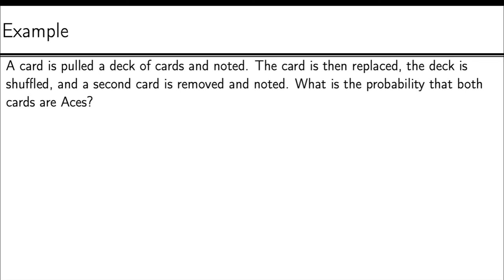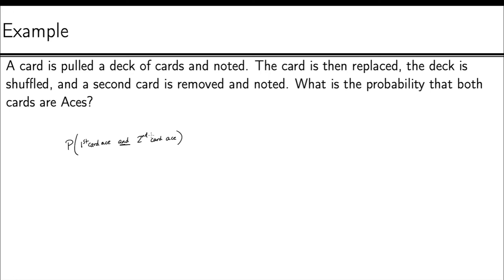Another example. A card is pulled from a deck of cards and noted. The card is then replaced, the deck is shuffled, and a second card is removed and noted. What is the probability that both cards are aces? Here we want two things to happen: the first card is an ace, and the second card is an ace. We've got this word "and." That means we want to know, are these events independent? If they were not independent, there's a different rule that we'll learn in a minute.